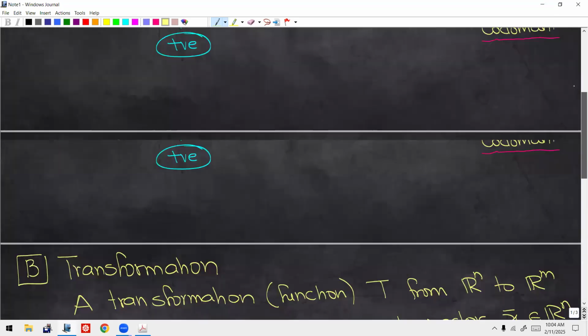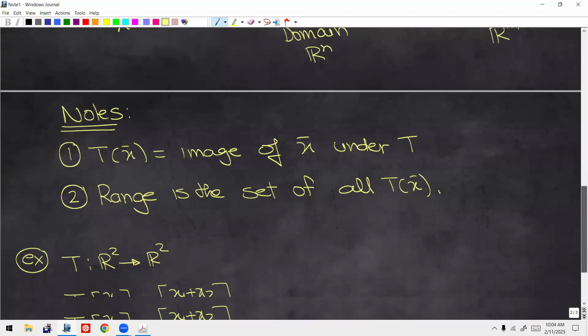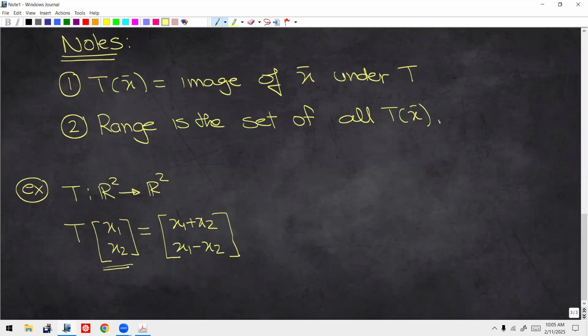Just like when we did functions, this was the definition of the function that told us what it's going to do to each x, right? Out here, it's going to take each vector in R^2 and create a new vector, which also happens to be in R^2. So here's an example of this function. So what is the image of the vector (1, -2)?